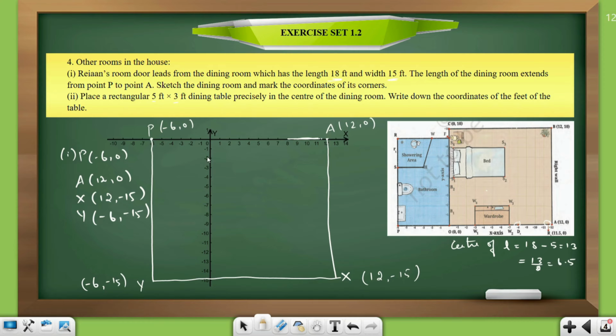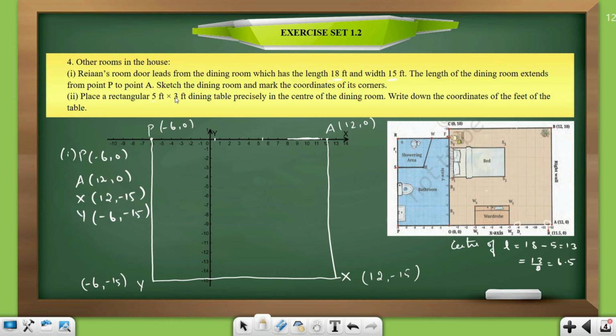So we have to move 6.5 units from the left hand side and from the right hand side, so that you get the exact position. The points have to be here. Now if you measure, 0.5, 1.5, 2.5, 3.5, 4.5, 5.5, we got a length of 5 feet here.